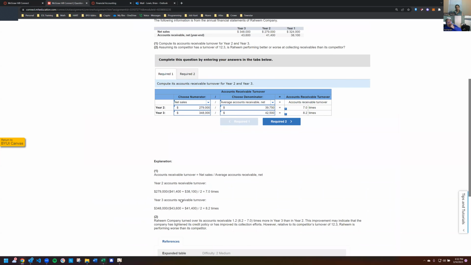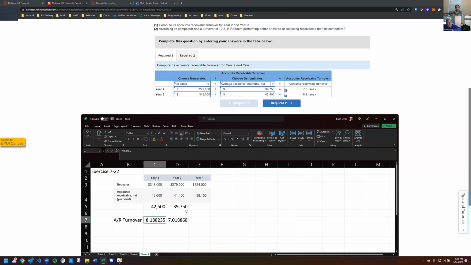Okay, so let's pull this up and see if we got it right. So 7 times is year 2, and 8.2 times, to the nearest tenth. We got that right, and we got the 279 and the 348 right.